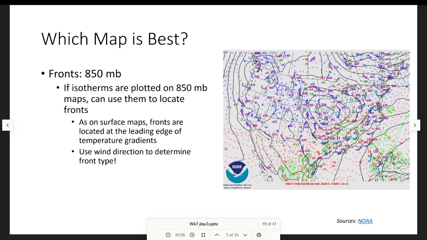Yeah, over here you have temperature like 16, 18, and then over here you have 0, -5, -12. So that kind of proves the point that these temperatures drop off dramatically where these wind shifts occur. And this is an 850 millibar map, so it's good for seeing that on there.